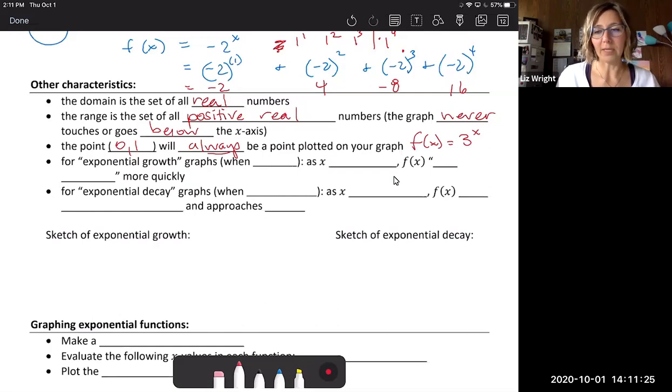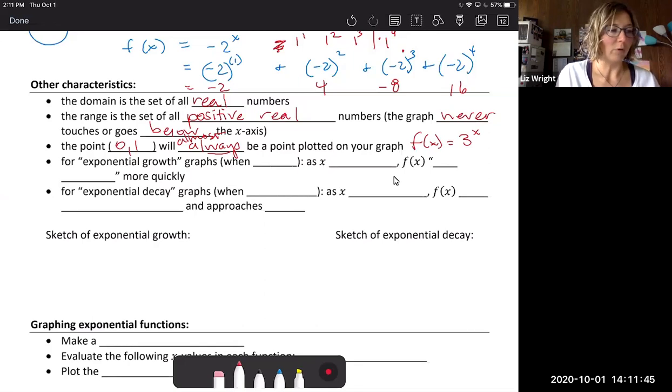But if we have something else going on, like a vertical shift or a horizontal shift, then it's going to be a little bit different on that 0, 1. So almost always, how about we do that? There will almost always be a point plotted at 0, 1 on your graph.